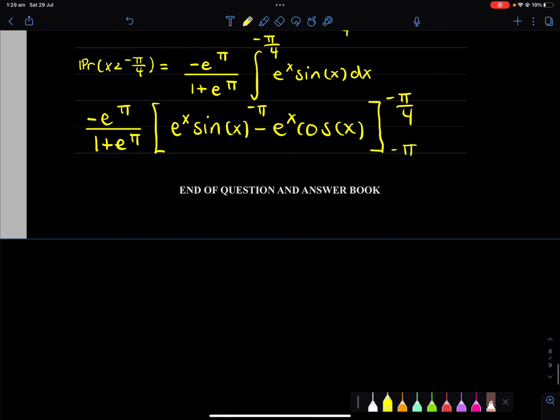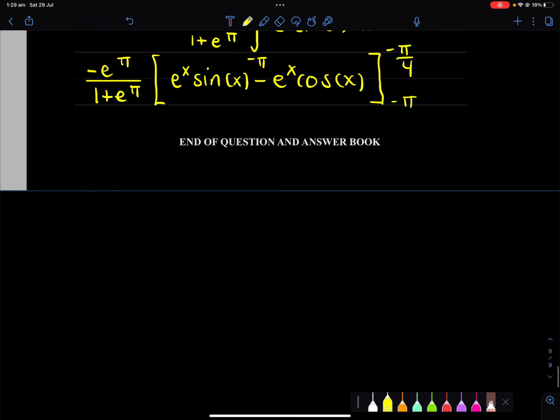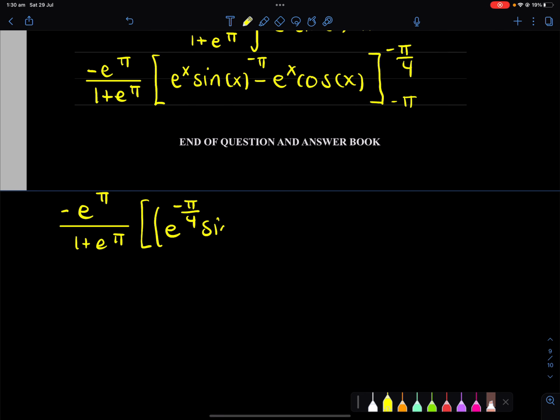I'm just going to continue under the booklet. So the calculations will be negative e pi all over 1 plus e pi. If we sub in negative pi over 4, we're saying e^(negative pi over 4) sine. We put a negative number, so it'll be a negative in front of that.